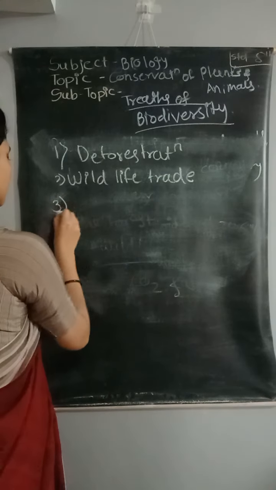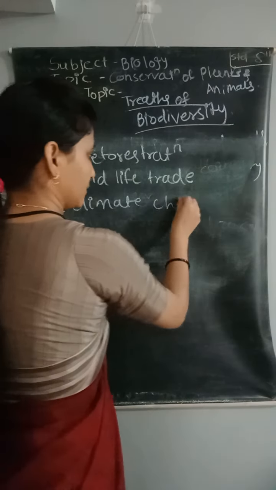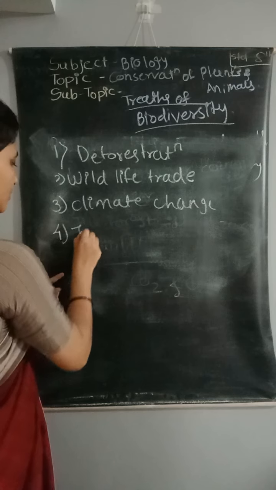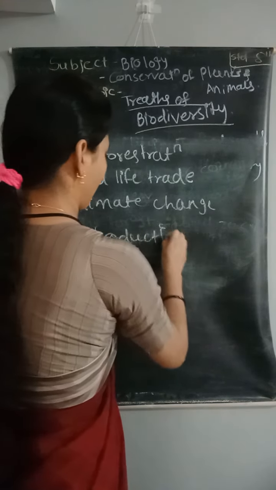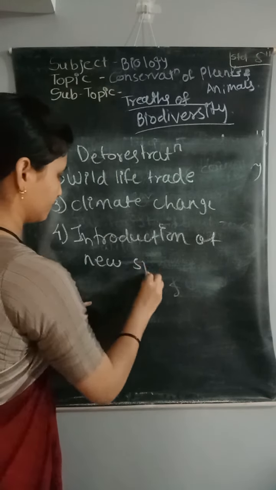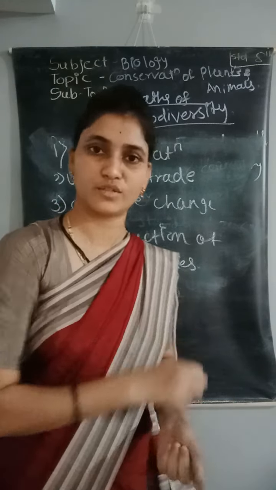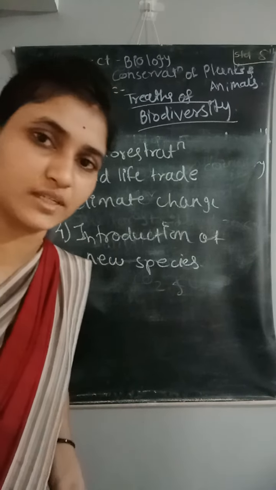Third one is climate change. And fourth one is introduction of new species in the ecosystem. Under those headings, we will see the threats of the biodiversity.